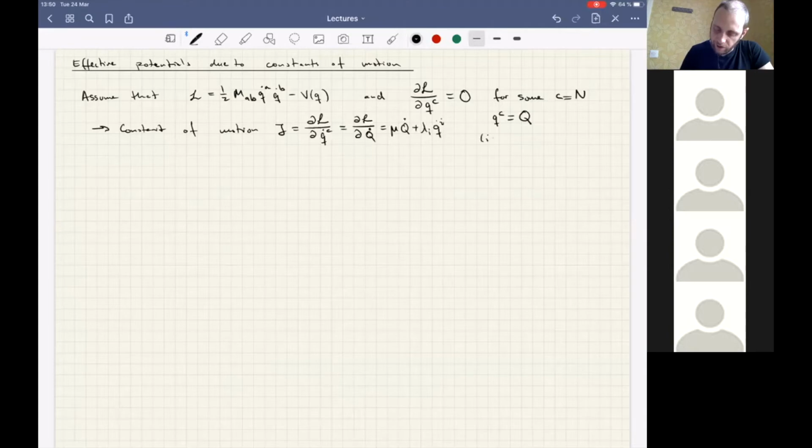And now i goes from 1 to n minus 1, so i takes all the values except for C. And this mu here is equal to m_nn, and lambda_i is equal to m_ni, which is of course also equal to m_in, because we're assuming that m is symmetric. So this is just taking the derivative of this term essentially.